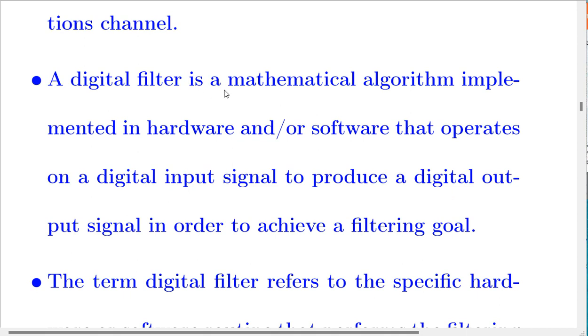A digital filter is a mathematical algorithm implemented in hardware and/or software that operates on a digital input signal to produce a digital output signal, in order to achieve a filtering goal.